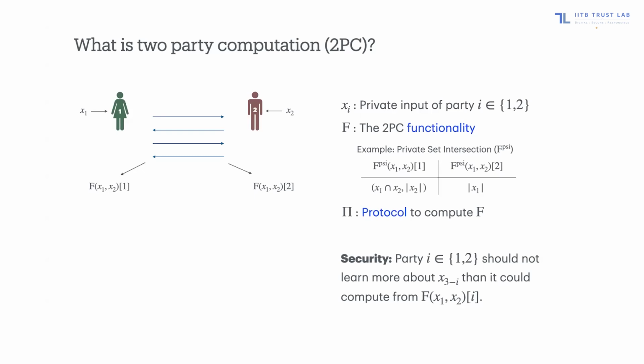A protocol Pi to realize a functionality f specifies the messages that the two parties need to compute in order to get the desired output for the functionality. And the security goal for a protocol is that either party should not be able to learn anything about the input of the other party except what it can compute from the output that it gets.